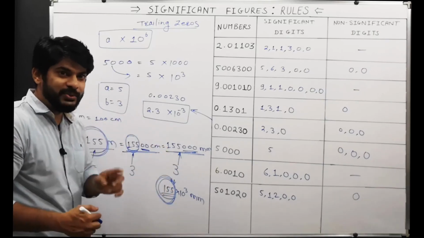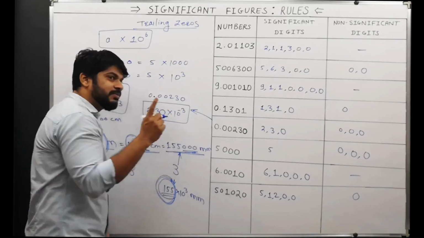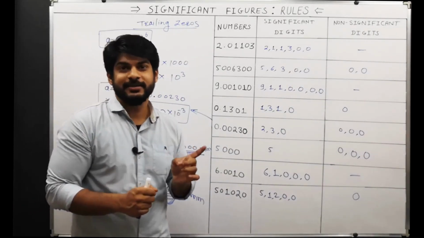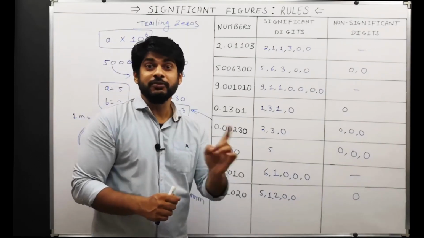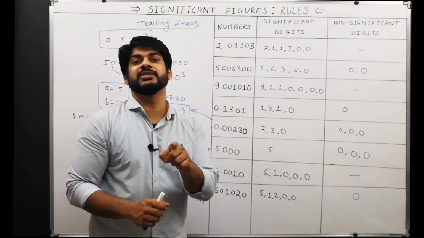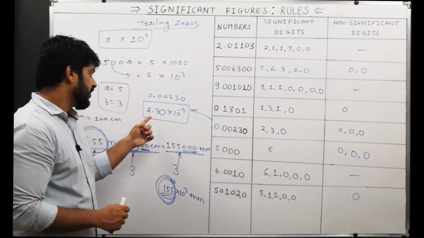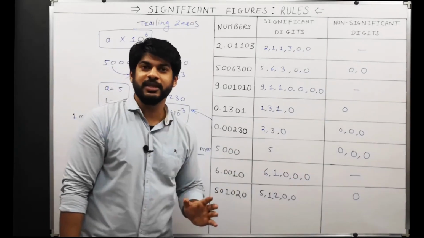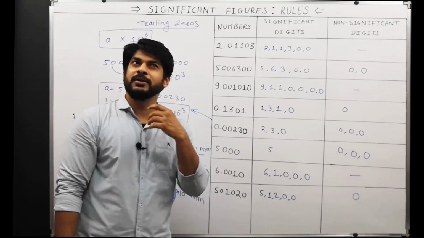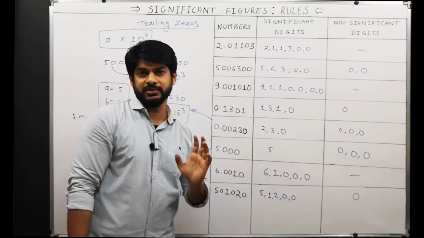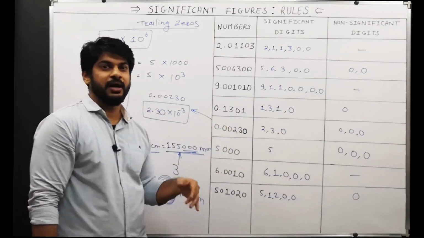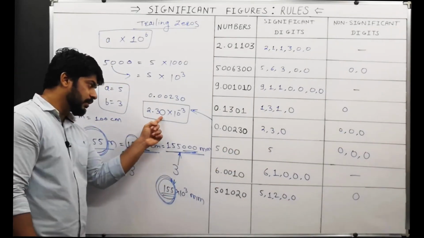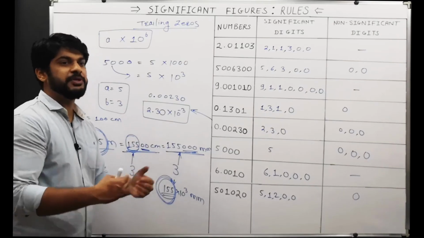No, you can't do that. This is the 0 given by the instrument. It talks about the precision, so you can't remove it. It's all about the information, it's all about the precision. You can't remove it until some other rule comes in, when we go for some mathematical operations, which we will see how to do. In some mathematical operations, these significant figures may be dropped off.